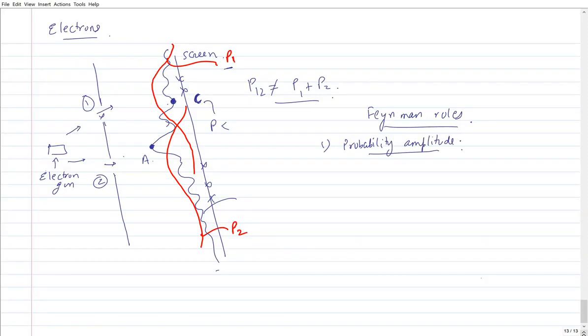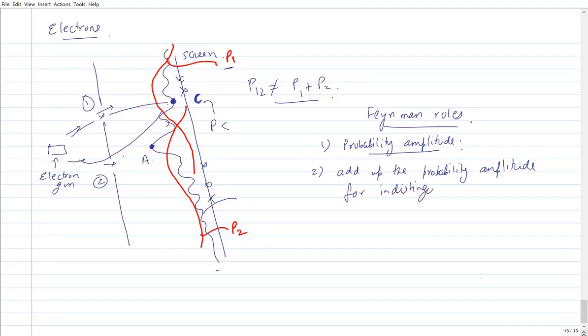Basically, if we can argue that there is no way to determine which of the paths the electron took towards the screen, we add up the probability amplitude for indistinguishable paths.